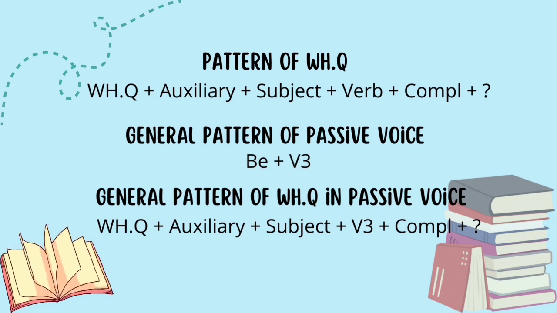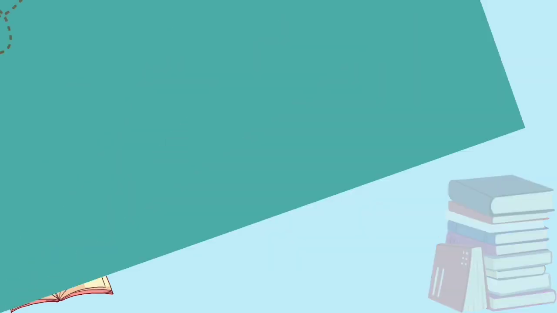And don't forget the main purpose of this video. We have to remember the general pattern of what-how questions in passive voice: what-how question word plus auxiliary plus subject plus verb 3 plus complement plus question mark.